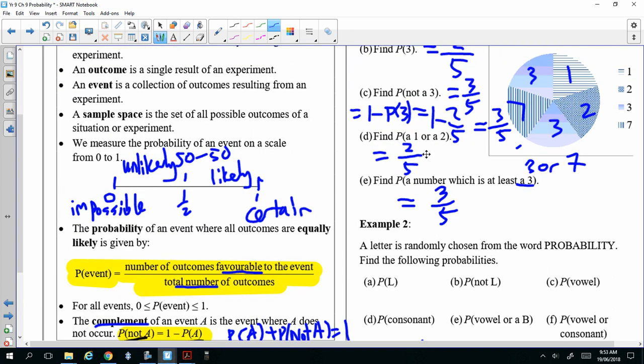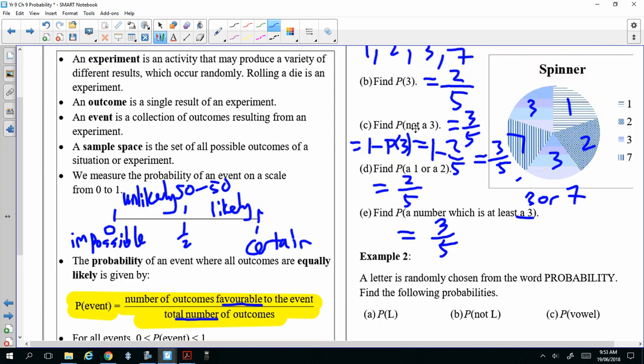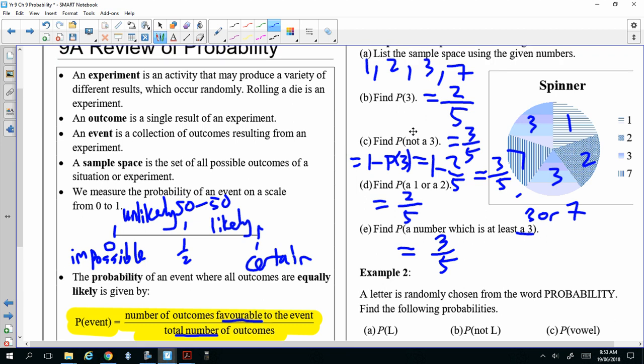The complementary event is the event not occurring. So to calculate the probability of not a 3, we do 1 minus the probability of a 3. Therefore, 1 minus 2/5, which is 3/5. That's the working out. Or another way is you just count 3 out of 5.